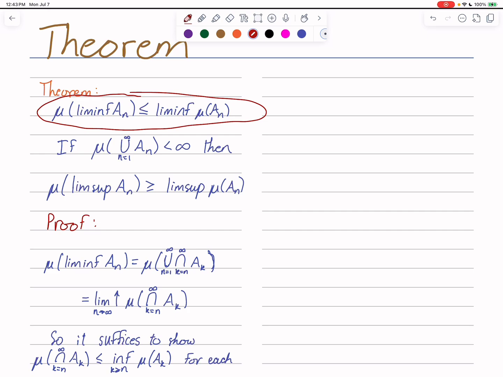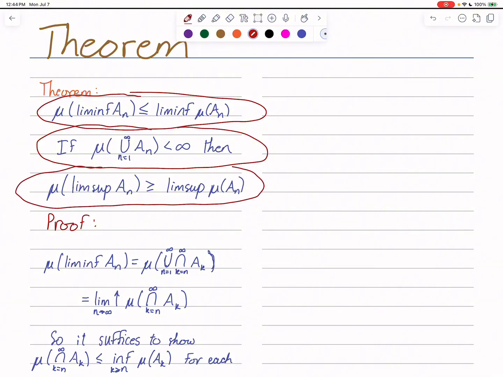And when the measure of the first union is finite, then the Limsup also satisfies the corresponding inequality. It is no surprise, I think, because of what I said earlier, hopefully you somewhat anticipate that this ought to have something to do with continuity of measure. But let's go ahead and start getting into the proof.